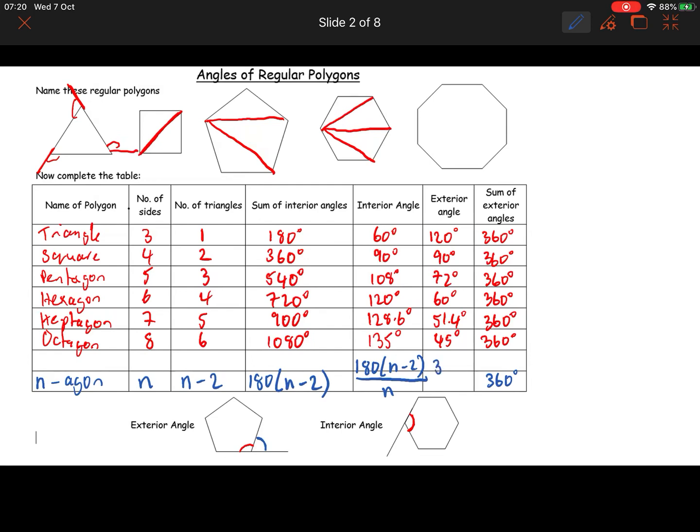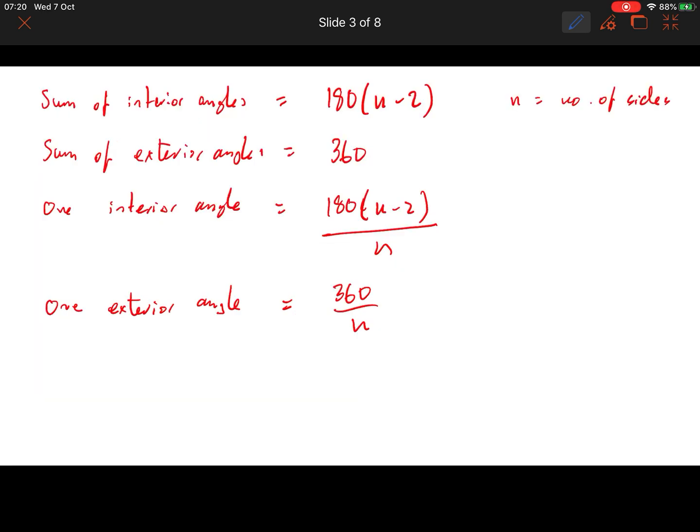Well, that means it's just going to be 360 degrees divided by the number of sides, provided that this one here and this one here, these formulas are only true for regular polygons. Okay, for irregular polygons, it wouldn't necessarily be possible to know unless you had additional information. Okay, so we did that before, and that's how we derived each of these formulas.